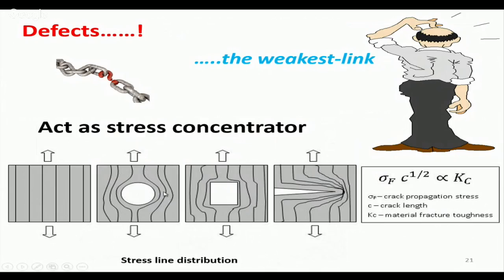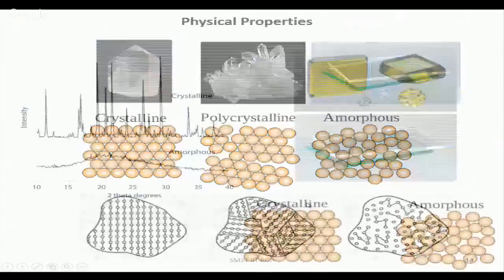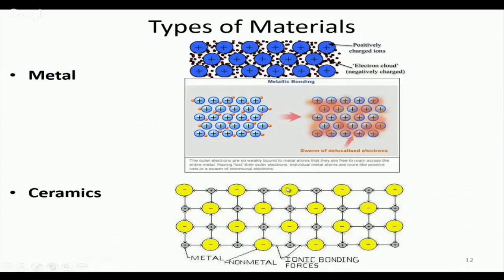But in case of ceramics, which are metal oxides, metal nitrides, metal carbides, as we have seen in the structure, we have alternate anions, cations, anions, cations. So there is not much scope of slippage, not much scope of shifting of the planes, right?